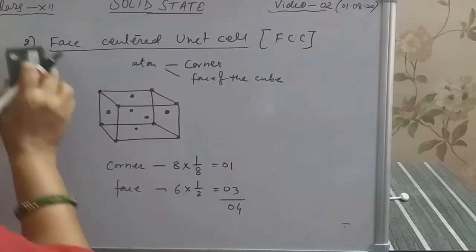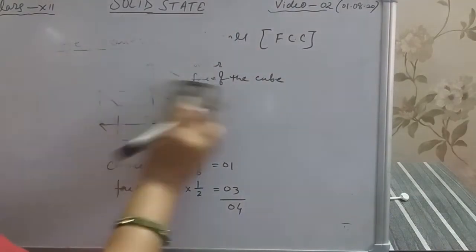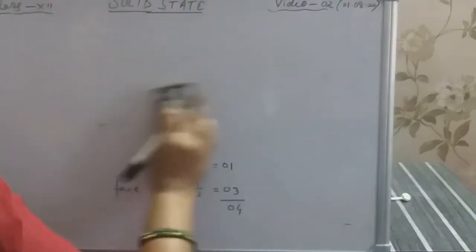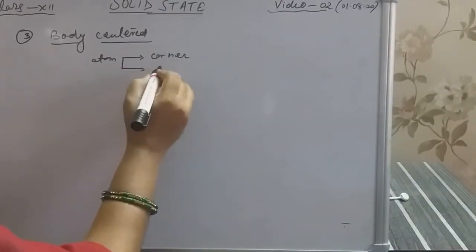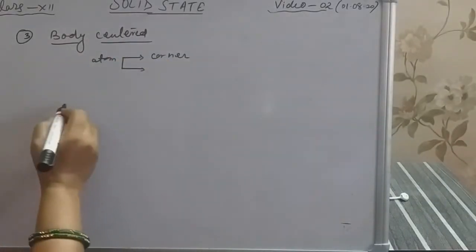Let's discuss the body centered cubic unit cell. Number 3, body centered cubic unit cell. Atoms are present at the corner and also in the center of the body, like this.